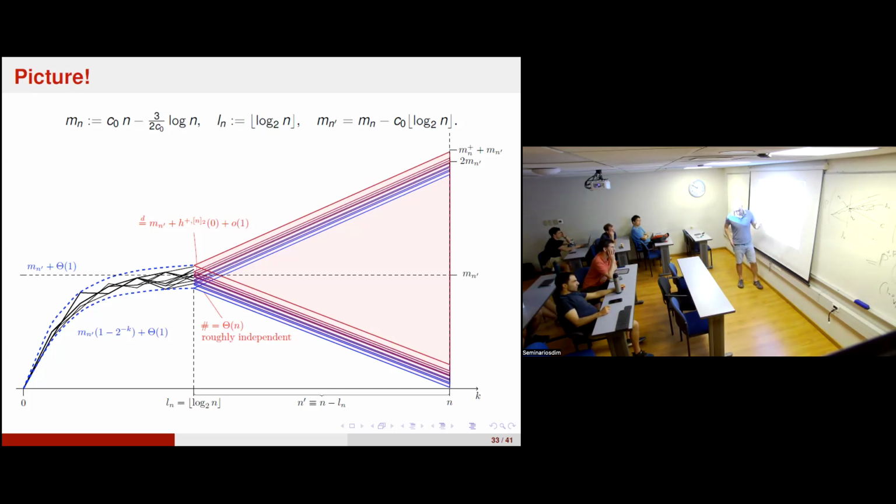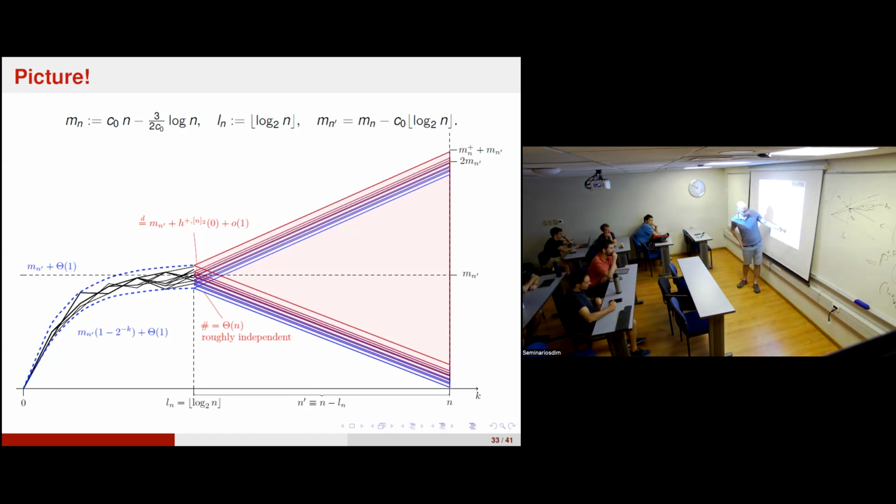The minimum is a random variable, and you condition this random variable to be positive. It's an order 1 random variable because the minimum typically is order 1 around its centering value. So at the end you have order n random variables, all order 1, and you condition them to be positive. And so it's like the minimum.